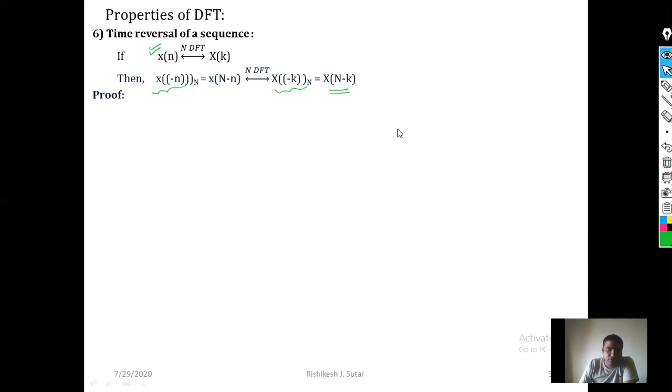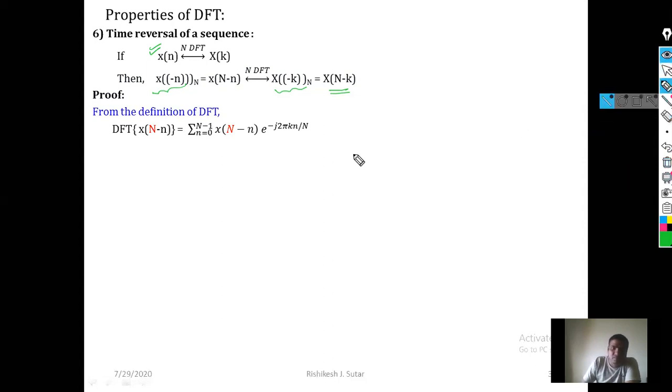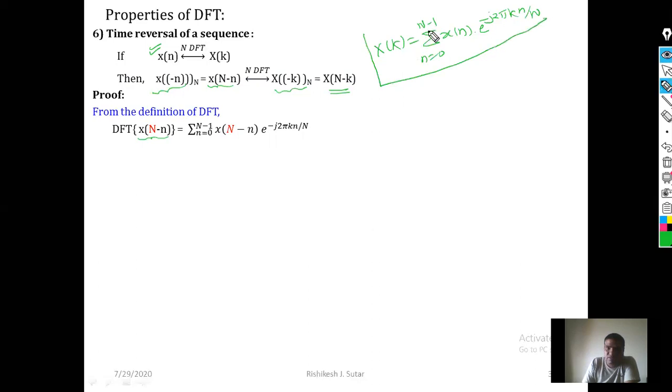Okay, so let us go further. Let us try to prove it. From the definition of DFT, what I can write is: X of k is equal to the sum of x of n e raised to minus j 2 pi k n divided by capital N, where n runs from 0 to N minus 1.